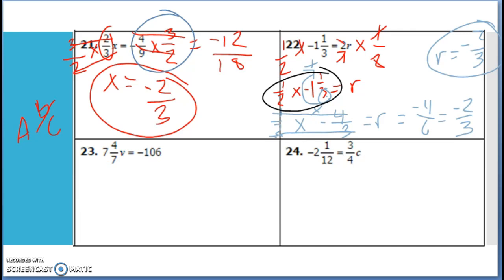Well, if we have a mixed number, we have a number 7, and then we have a fraction. So we can't just flip it because 7 and 4/7 is different than 7 and 7/4. If you type those in the calculator, 7 and 4/7 will give you a different number than if I typed in 7 and 7/4. They're not the same. So in this case, because we are moving the mixed number to the other side of the equation, we do have to actually convert this first. We have to take care of that.